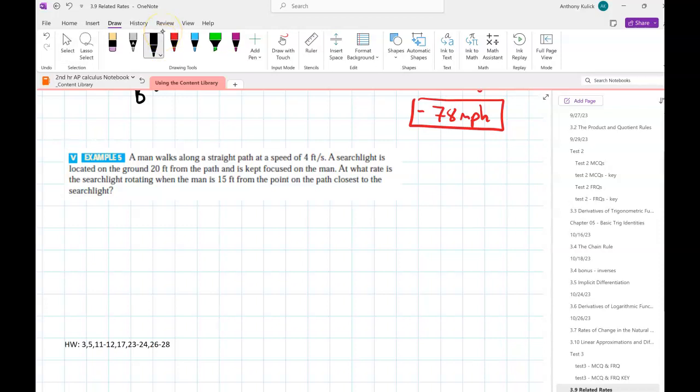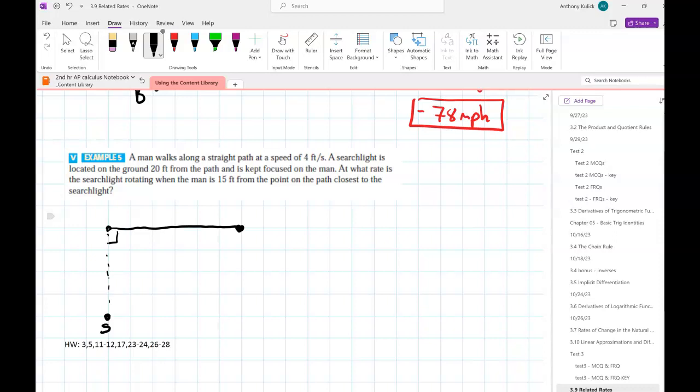This is hard to envision what's going on. So here's the path. This is the spot closest to the searchlight. The closest spot is going to be perpendicular, a straight line, right?